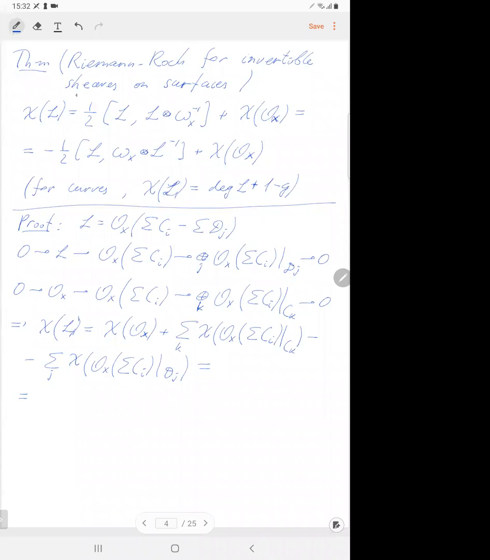Well, how do we do this? Maybe I write chi of OX, and then I have plus the following two terms: the sum over k of all characteristics of O Ck's plus the sum of degrees of OX of the sum of Ci's restricted to Ck's.